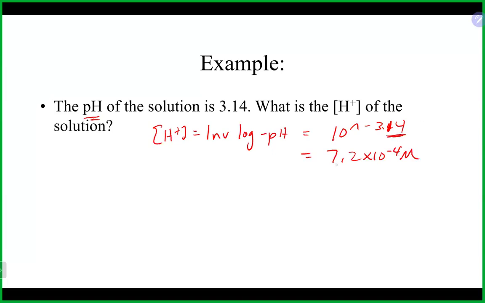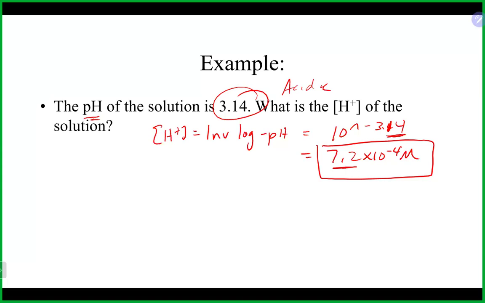Again, two decimal places here, two significant figures is what our concentration should end up being. Again, your calculator may not give it to you in scientific notation. It may be in decimal form as well. This obviously is also still an acidic solution as the pH is less than 7. Any questions on that calculation there?